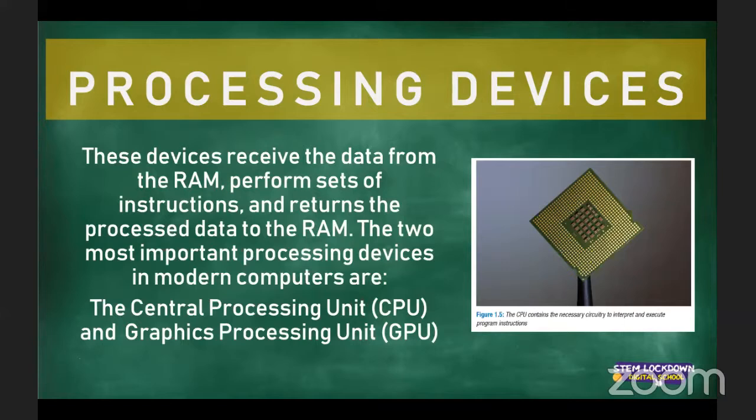Where a graphics processing unit, so your GPU, this is responsible for the processing of instructions that create the picture on your screen. So what is one more vital for than the other? Well, if we think about our GPU, we need this for when we want to rely heavily on our online gaming, okay?